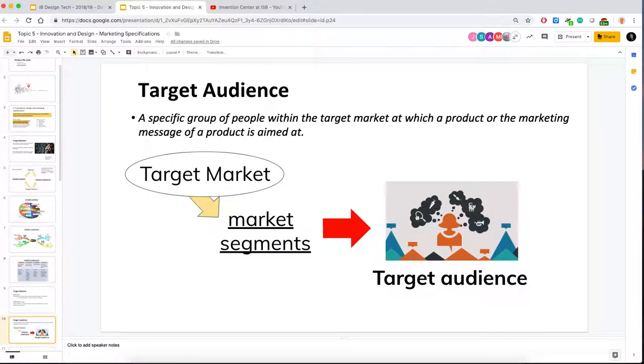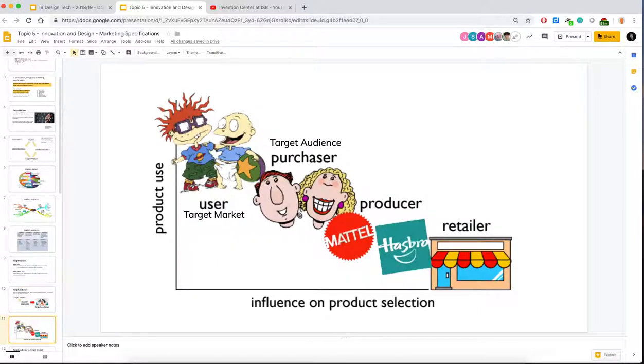So once you have that within the target market, there are those different segments. Then there's also what's called a target audience. This can be confusing as well, the difference between target markets and target audiences. If you look at the use of the product and the influence on the product selection, the people who use the product more often, like a toy, are going to be children.